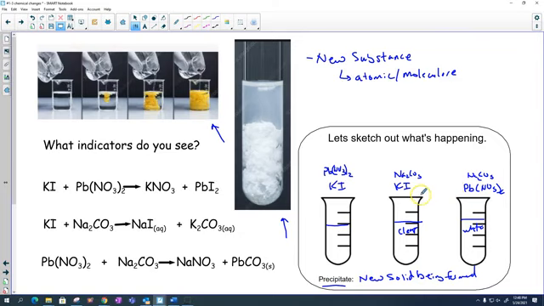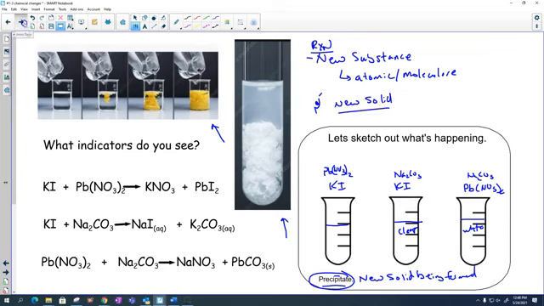So sometimes it can be a bit of a fuzzy situation, and it's just a matter of classifying whether it is or is not a new substance. So a chemical reaction is one where there is a new substance being formed. And at some point, like with a solid happening here, a precipitate, we can see with our eye that this thing has a new solid. Something we could look for.